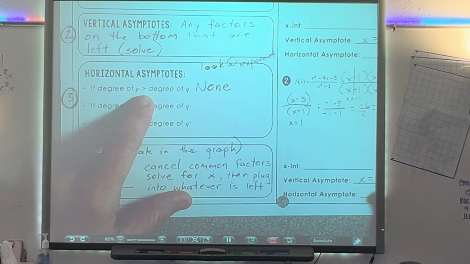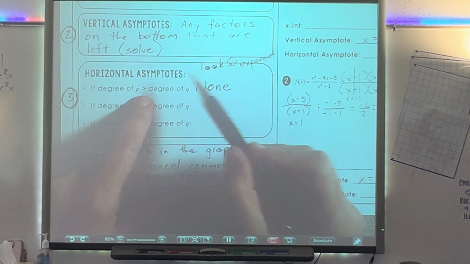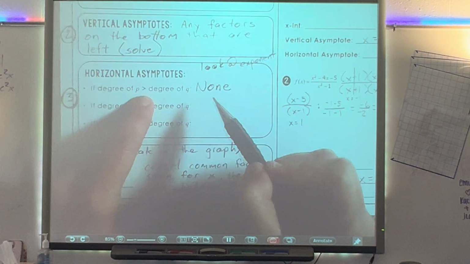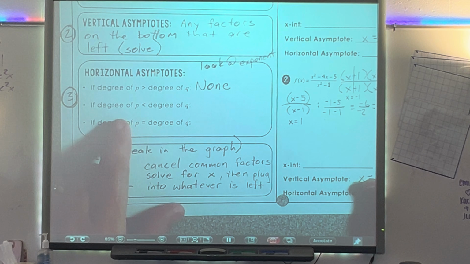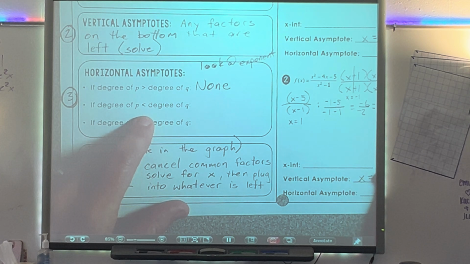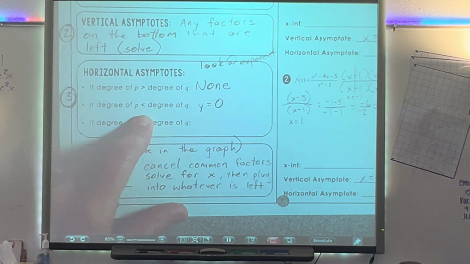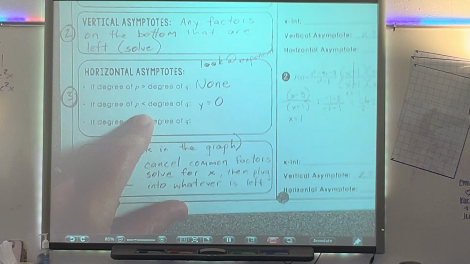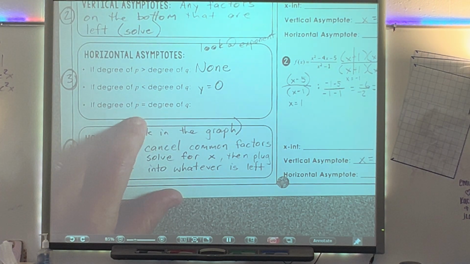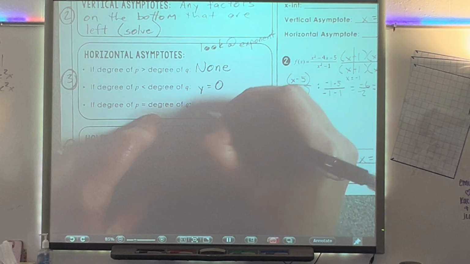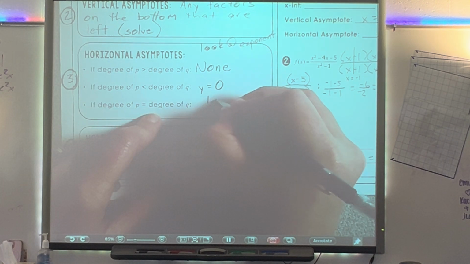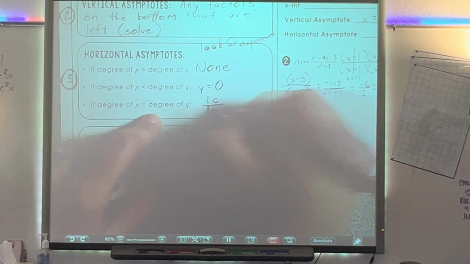Are we okay there? I will give you these, because I know y'all won't remember them, so I'll give them to you when you take your quiz. Alright, if P is less than Q, it's going to be y equals 0. And if P is equal to Q, then I'm going to do leading coefficient over the leading coefficient.